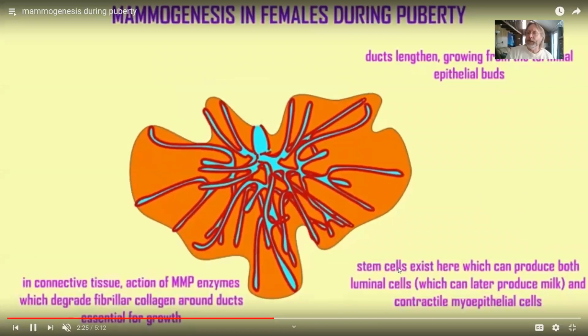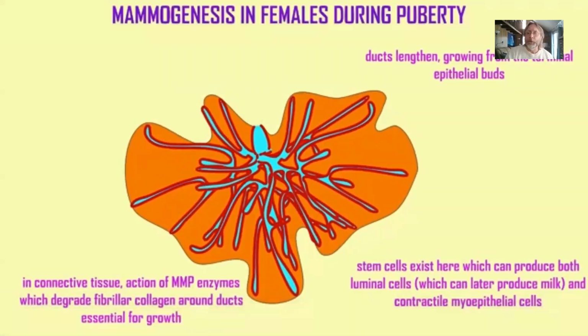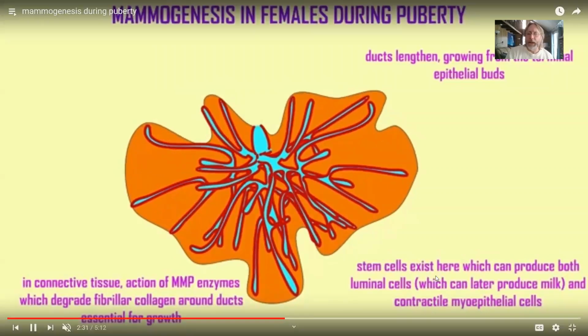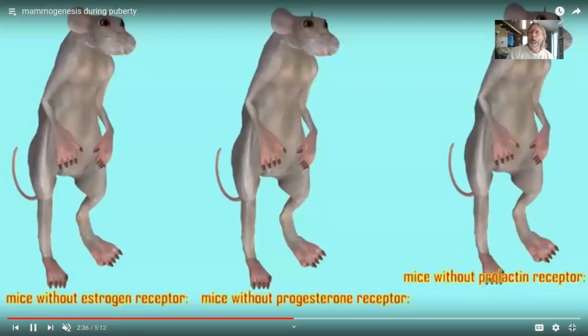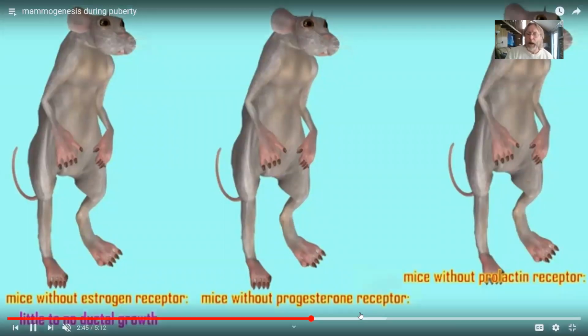One can clearly see the effects of hormones because, for example, in mice, if you take mice strains which have mutations, say for the estrogen receptor or the progesterone receptor or the prolactin receptor, their breasts may not continue to develop, and they might not have ducts forming, or the ducts might not branch.